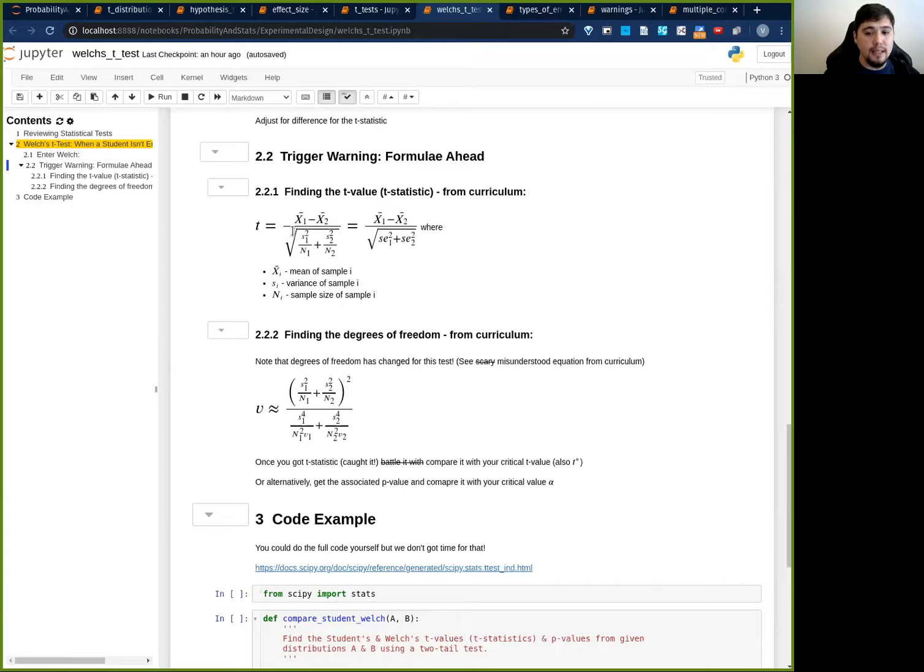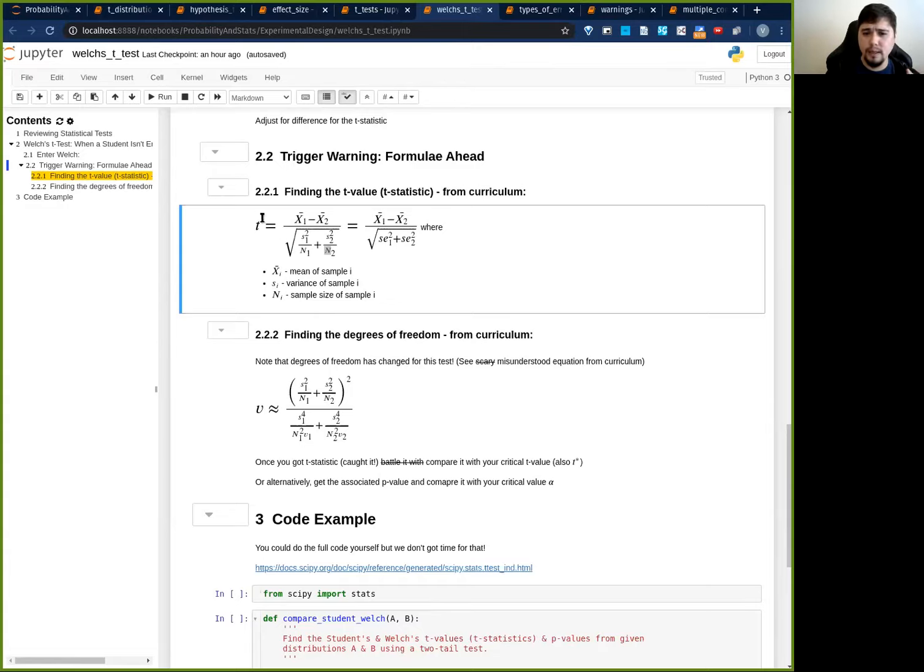So you get these values here where S1 and S2 are the variance of your sample 1 and the variance of your sample 2, divided by the number of participants in each sample. So you can actually have a smaller control and a larger experiment, and still have adjusted for this nice t value.